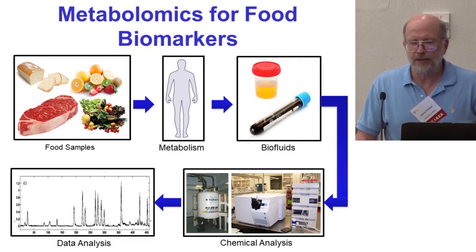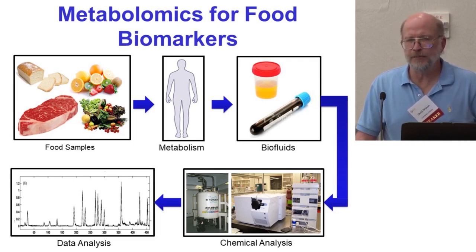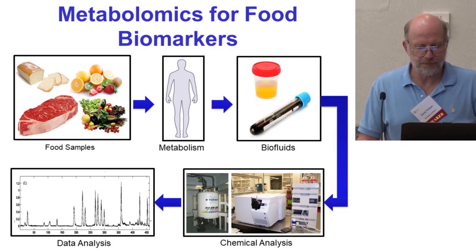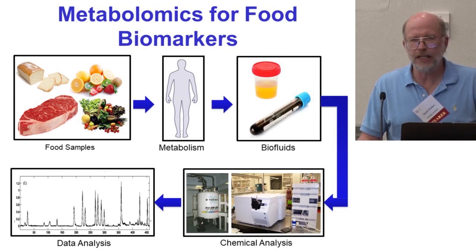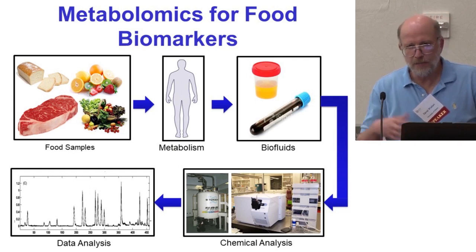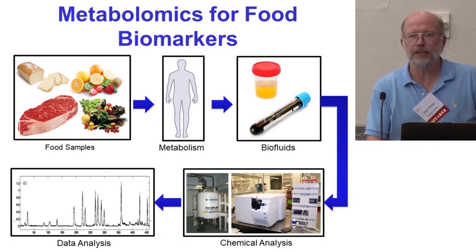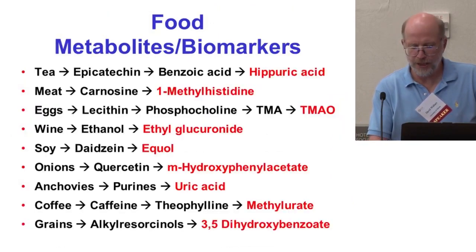In this case, though, we have an intermediate step where we take the food samples and we give them to humans. And then we collect their urine and or blood, and then we analyze them using the standard metabolomic techniques. In the same way we can measure hundreds of compounds in foods, we can measure hundreds of compounds of food biomarkers through dietary intervention studies.